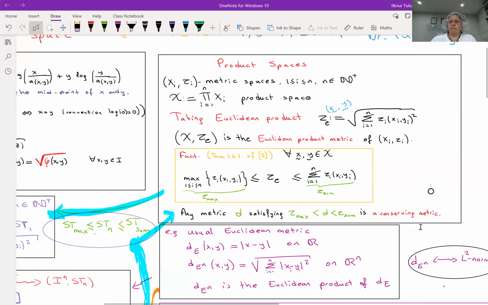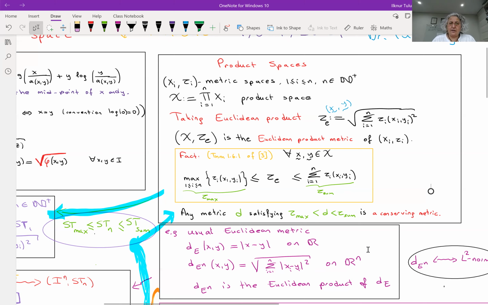For the usual Euclidean metric, if we denote by DE the absolute value metric on the real line, then we can extend the real line to the n-dimensional real vector space by taking this Euclidean product. And then this gives us the usual Euclidean metric space on Rn. Just to remind you, the usual Euclidean metric corresponds to the L2 norm.